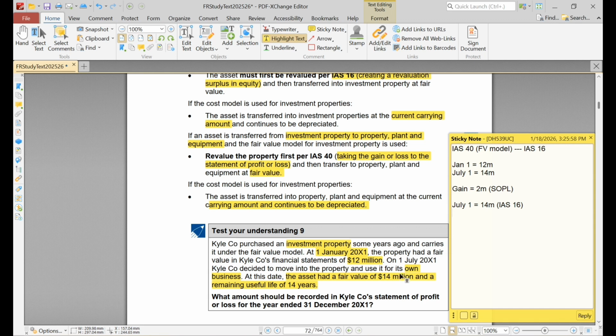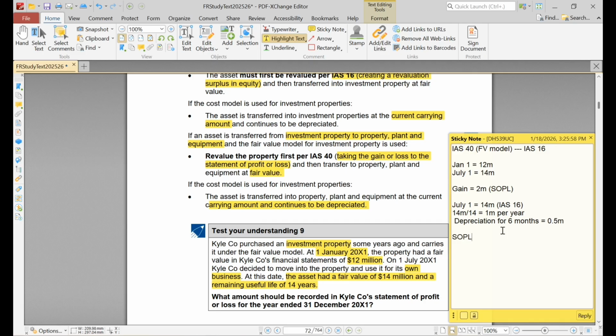The question says that it has a remaining useful life of 14 years. So 14 million cost divided by 14 years would give you depreciation of 1 million per year. But we only need it for 6 months from July to December, so depreciation for 6 months would be just 0.5 million.